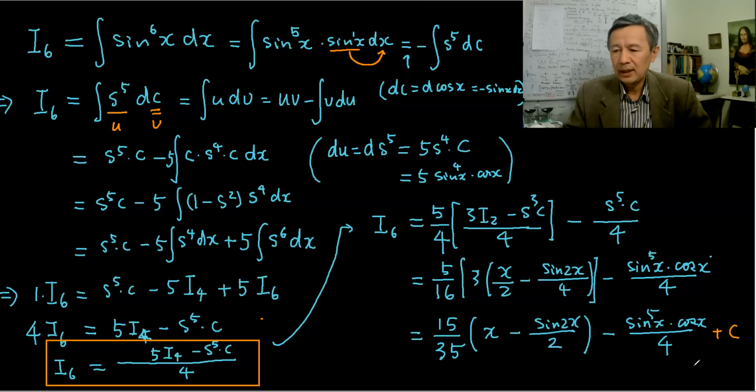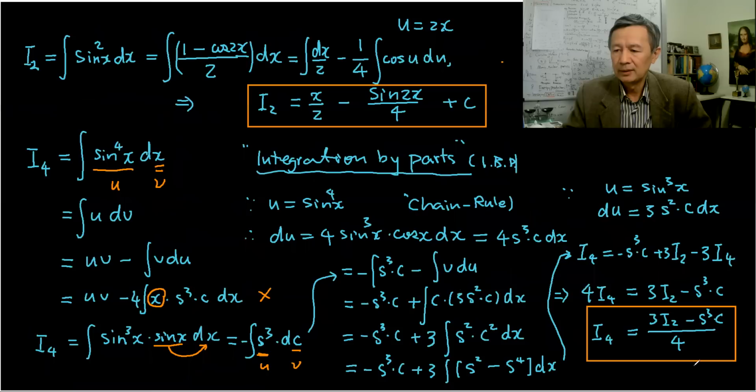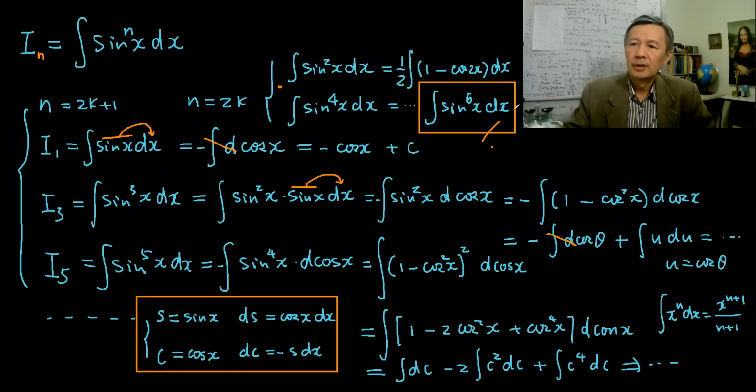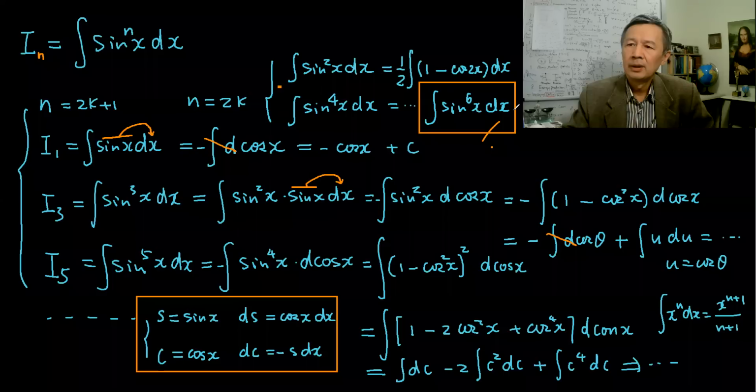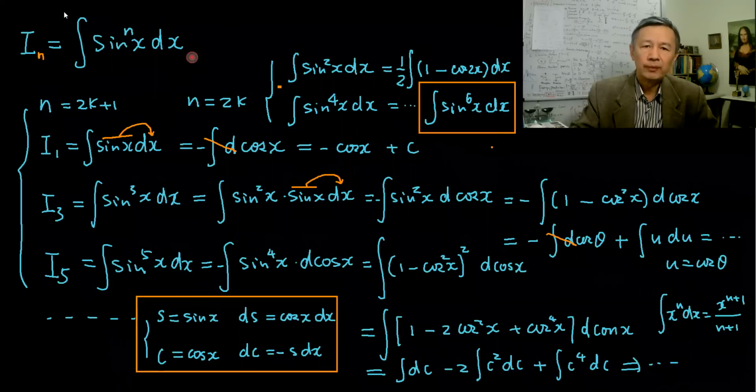So perhaps I'll give you a 2-minute summary, because it's a long talk. Basically, our objective is to find the solution of this integral. And this integral can be subdivided into 2 categories. One, n is an odd number.